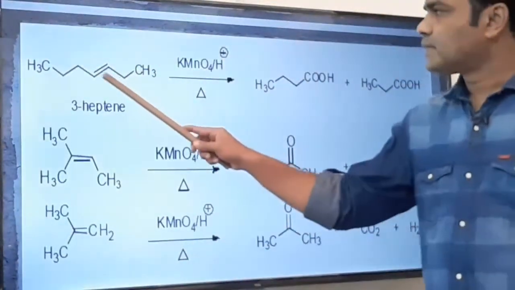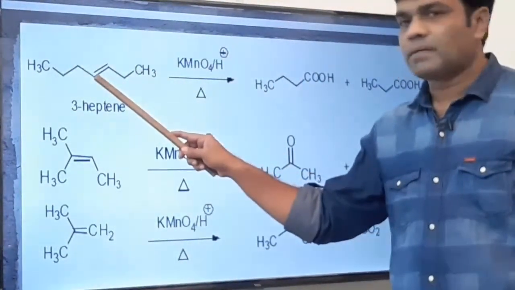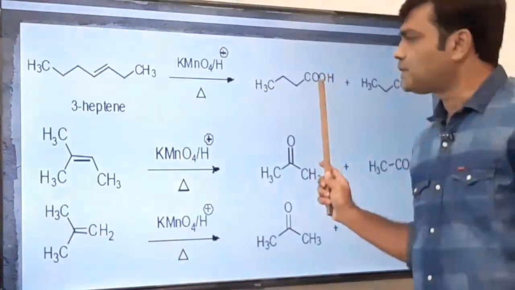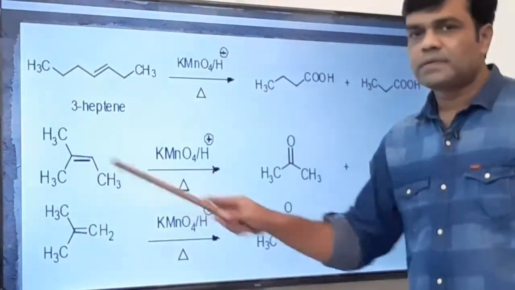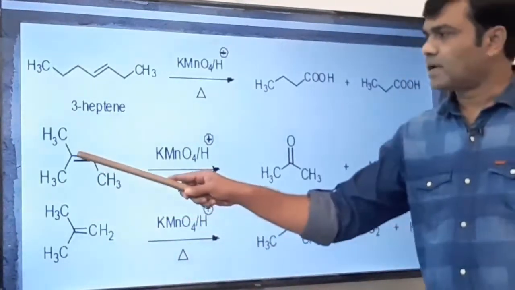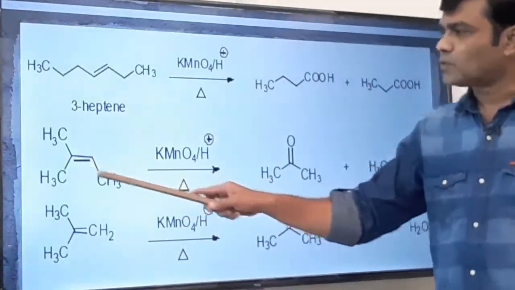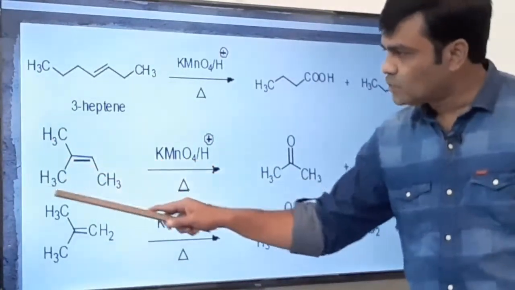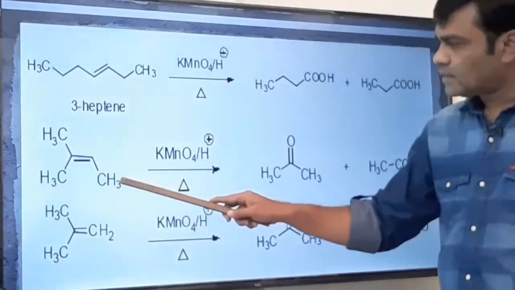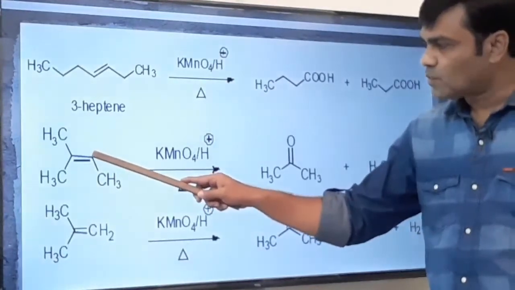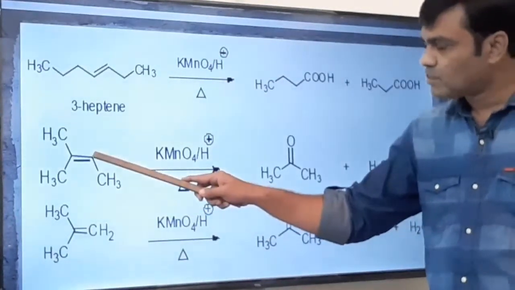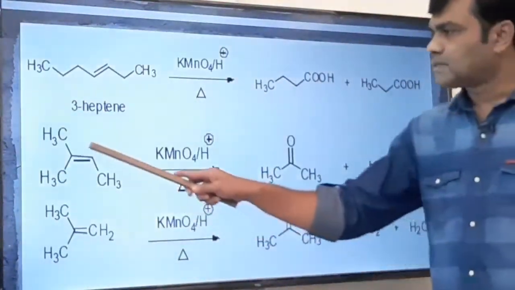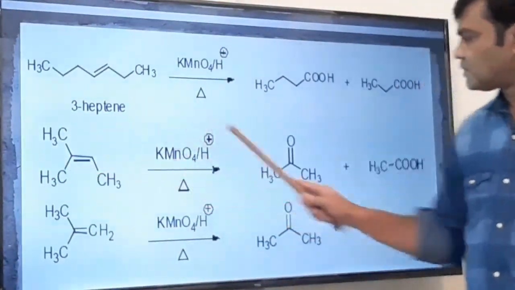Okay, it means the monosubstituted carbon of the carbon-carbon double bond will oxidize to COOH, and the disubstituted carbon of the carbon-carbon double bond is oxidized to ketone. Here the bond cleavage takes place and we get acetone, and another product is CH3COOH. Because this carbon is monosubstituted, it converts to acid, and this carbon is disubstituted, so it converts to ketone.